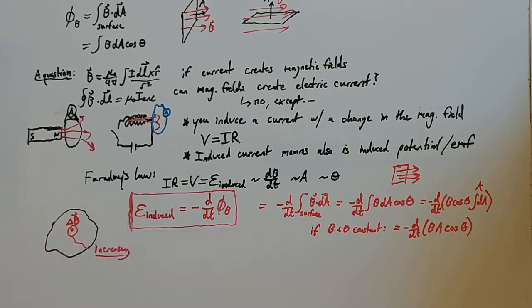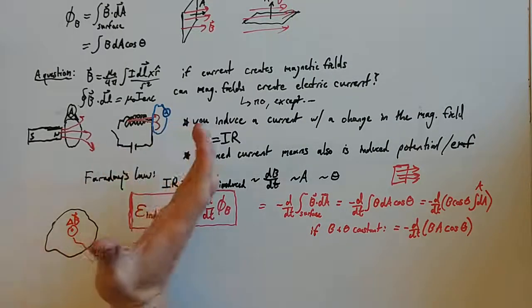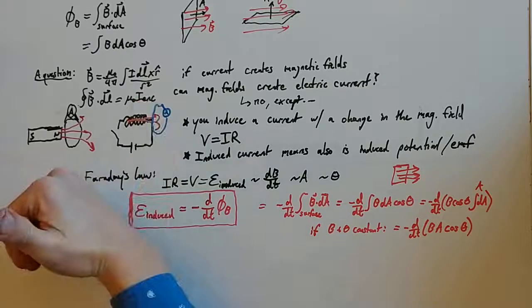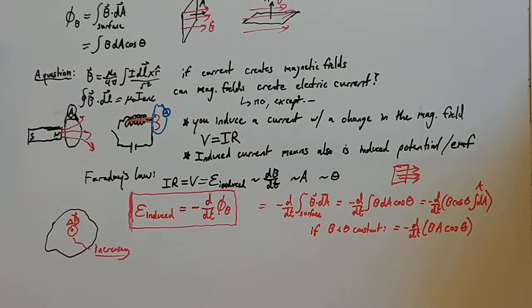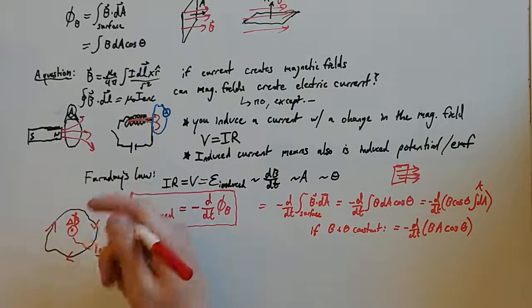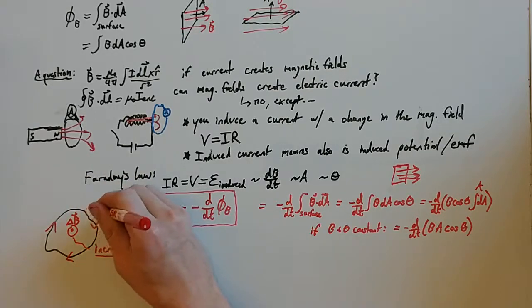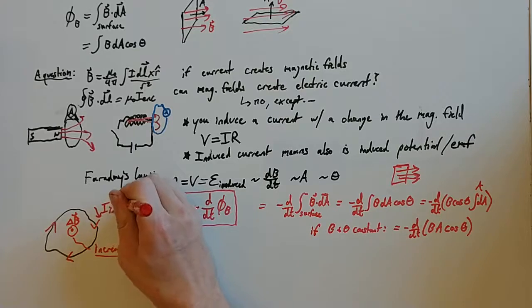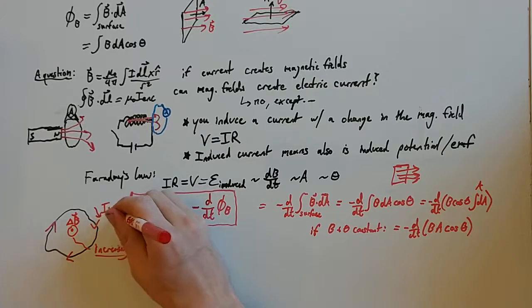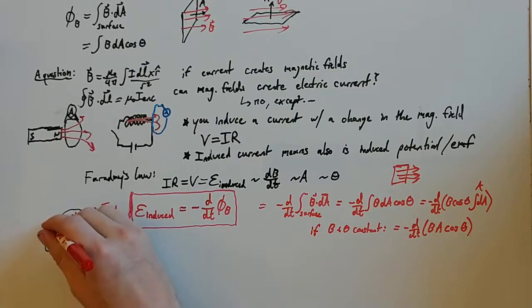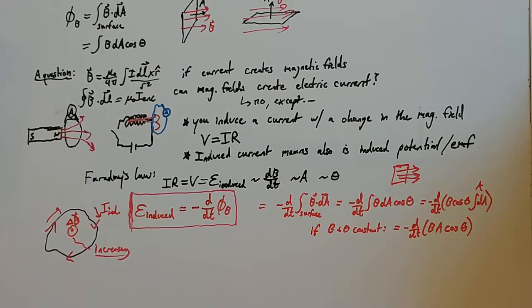Now, normally we would expect current for a magnetic field out of the page to be counterclockwise. That would be our expectation for out of the page current. But what you'll find is that the induced current, I induced, actually goes the opposite direction from what you might expect.